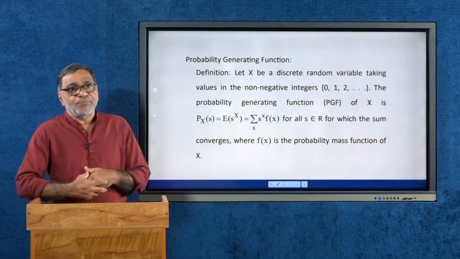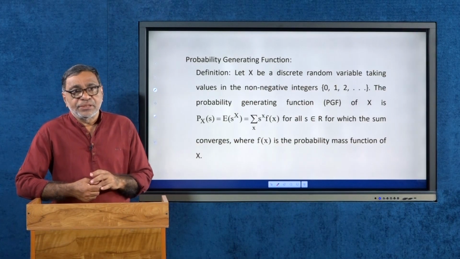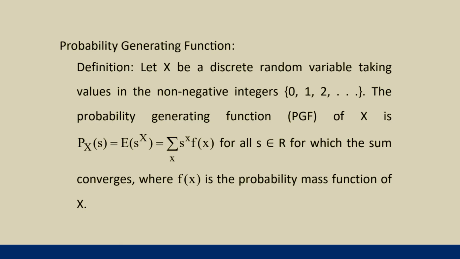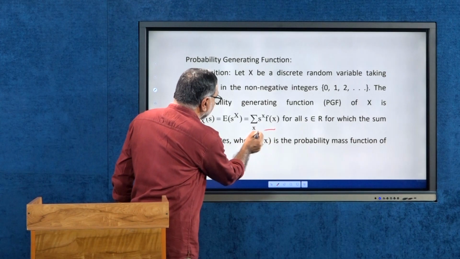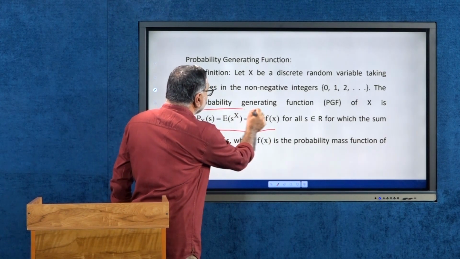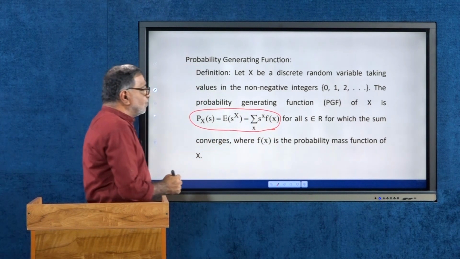The definition is: let X be a discrete random variable taking non-negative integer values 0, 1, 2, etc. Then the probability generating function is defined as the expectation of s power X. This is our probability generating function.